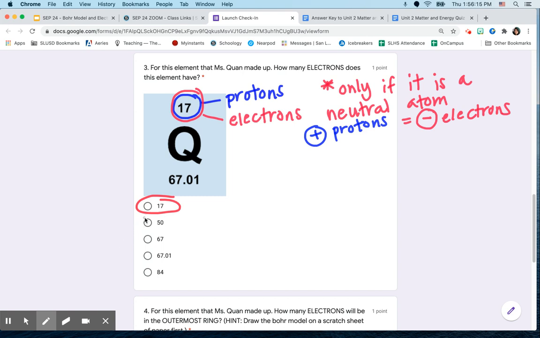So just like before for questions 1 and 2, I would label this top number electrons and write this side note to remind yourself that this is only true if it is a neutral atom, and currently we are only working on neutral atoms. And once you're done writing this down, go ahead and click unpause. And I'll go over question number 4, which is the main question that most people are getting wrong.